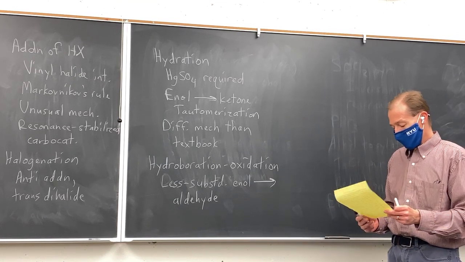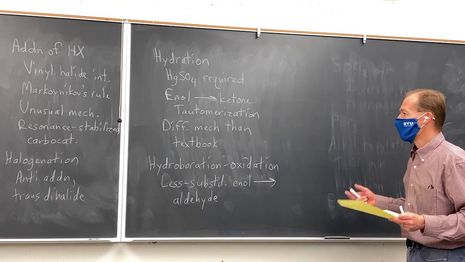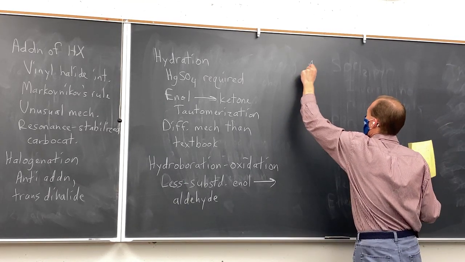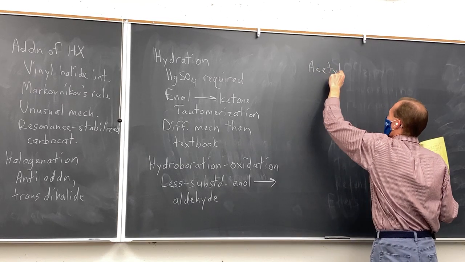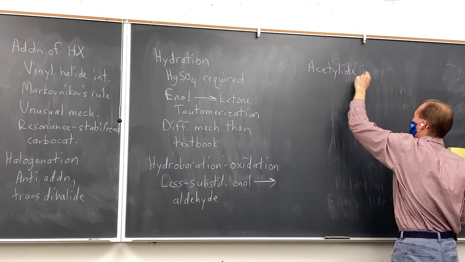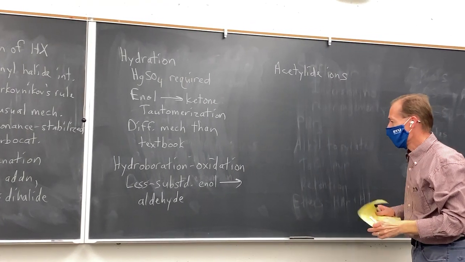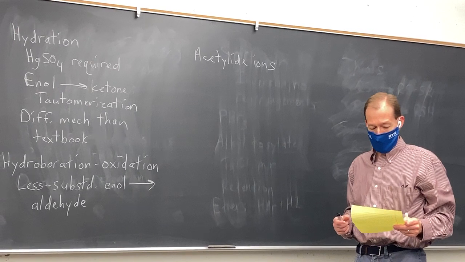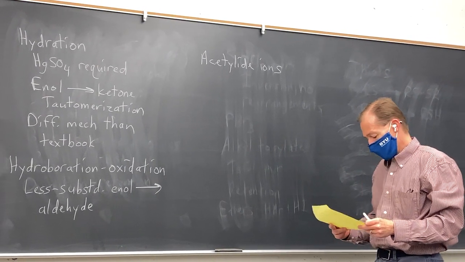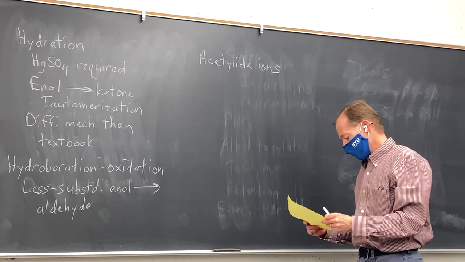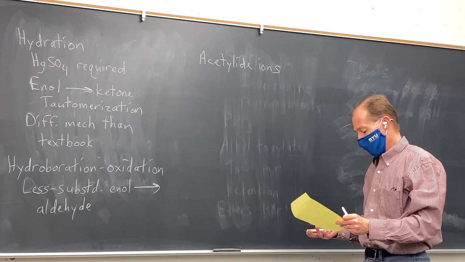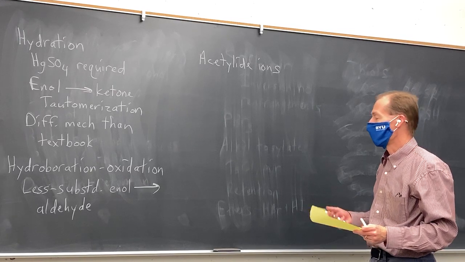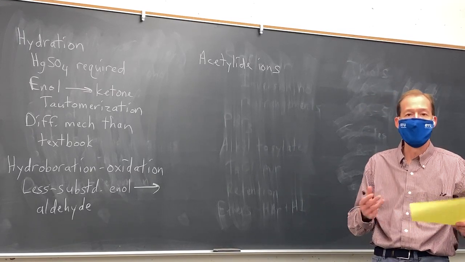Okay, and then the last reaction of alkynes that we'll learn involves acetylide ions. We briefly mentioned acetylide ions on Monday. We know that our alkynes are the strongest acids of our hydrocarbons, and we should understand why that is the case.